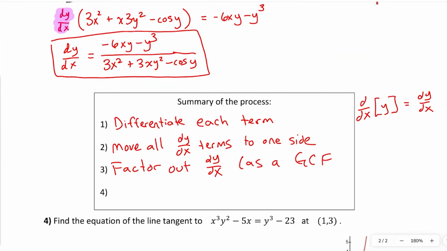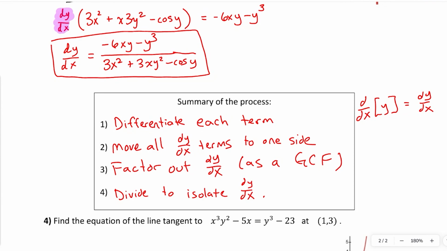So that's what we did up here at the top, is we factored out that dy dx. And then finally, you're going to divide by whatever's in the parentheses to isolate dy dx.